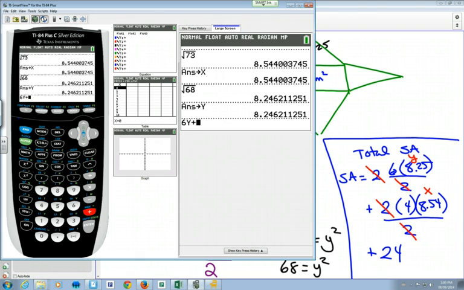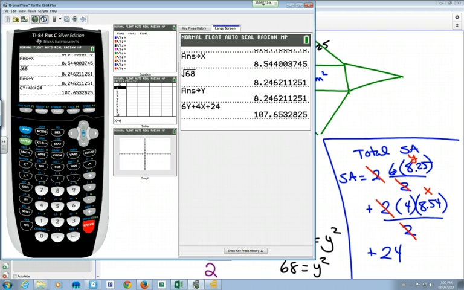Plus 4, and instead of typing in x, I can just multiply that by x. You can hit the multiply sign in between, or if you just have them close together, that's the same as multiplying. Plus 24. Push enter, and it tells us 107.65. It has remembered all of those decimal places, and it saved you the time of having to type them in.